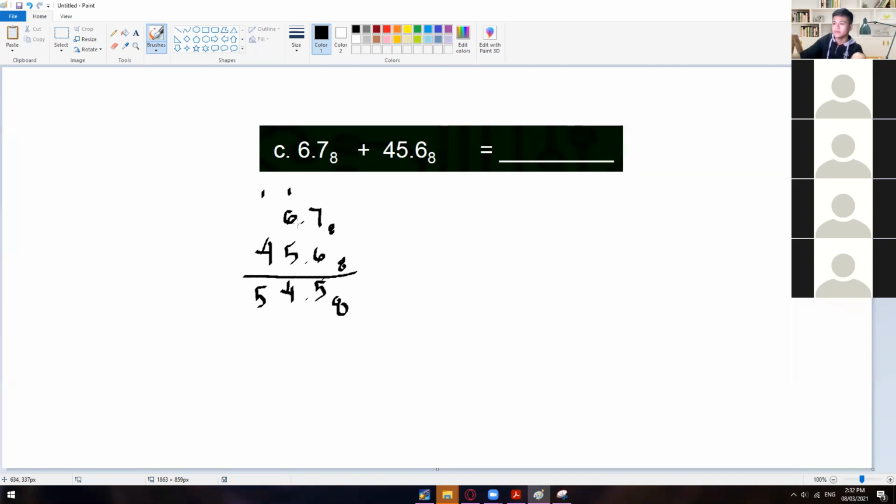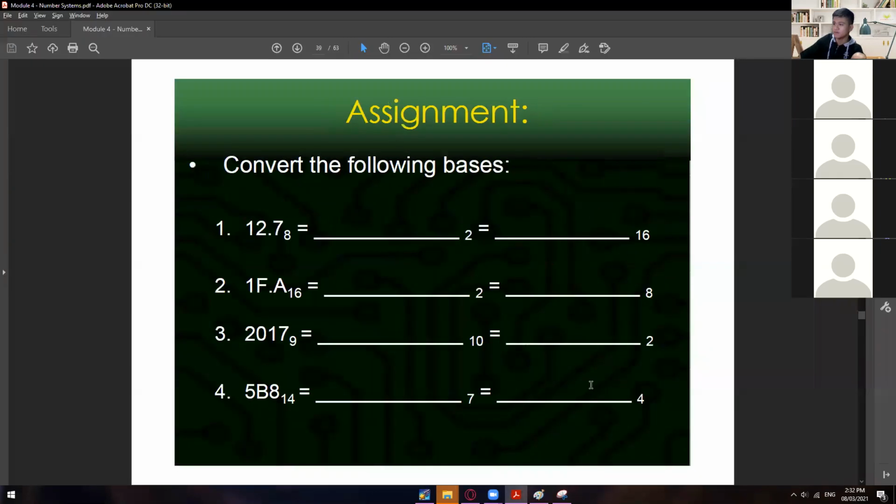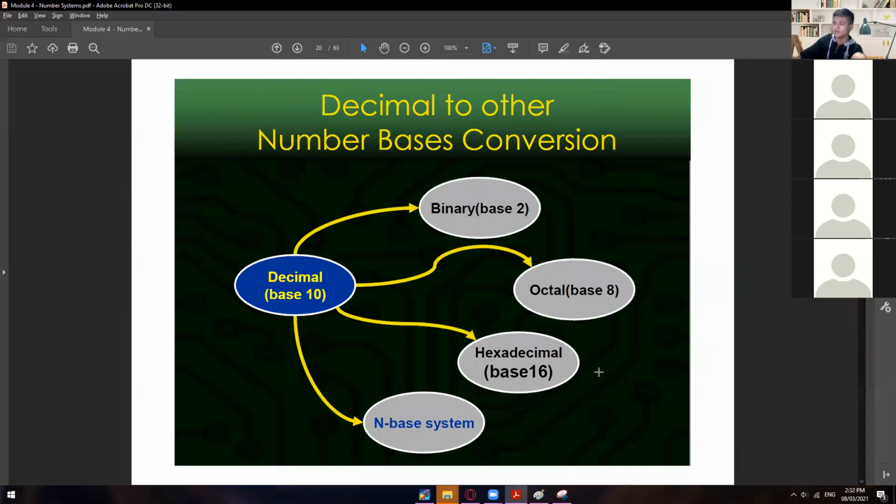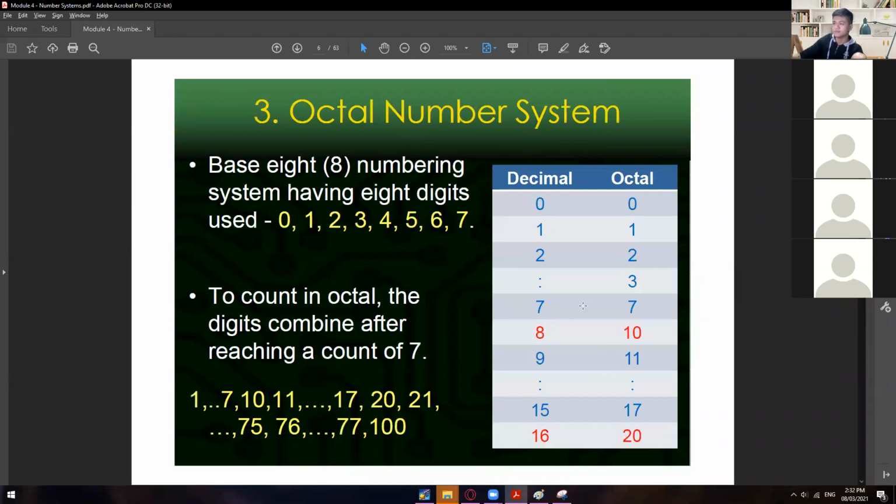So in here, 6.7 plus 45.6 is 54.5 base 8. Okay, so if you're confused about this one, 7 plus 6 is 15, you can always go back with our table. Okay, right here.